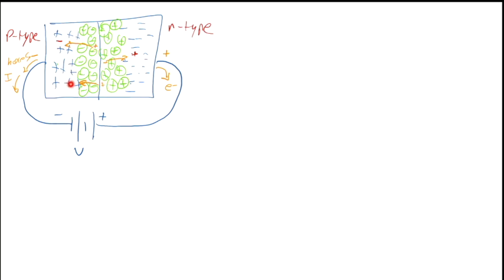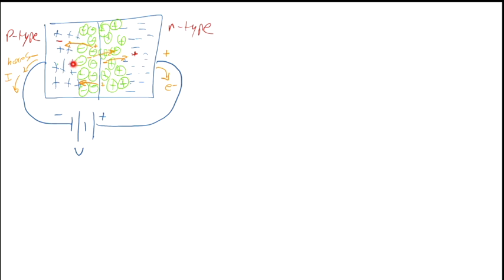And if we have an electron that makes it over to here, as soon as it gets past the edge of this depletion region, it's going to get sucked across by this huge positive voltage over there, and it's going to be a majority carrier on this side. So electrons will get rejected out of the depletion region on the N-type side, and holes are going to get rejected out of the depletion region on the P-type side.